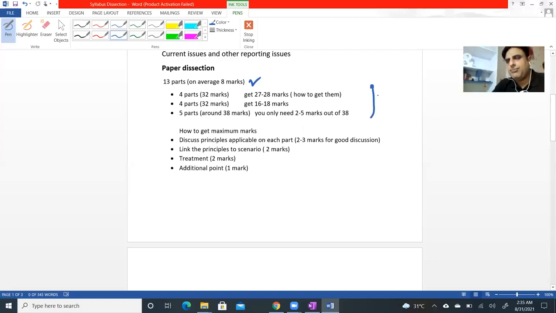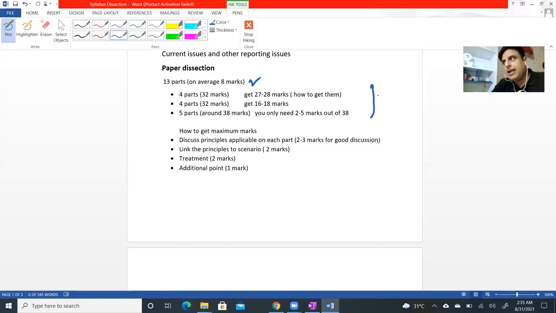Definitely you will have 4 parts, at least of 32 marks weightage, which will be an easier one for you guys. If any person opts for this paper and he decides to sit in the exam with a minimum preparation, he can solve these 4 parts.